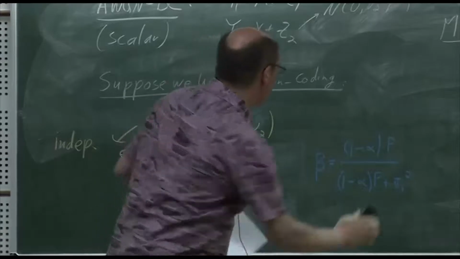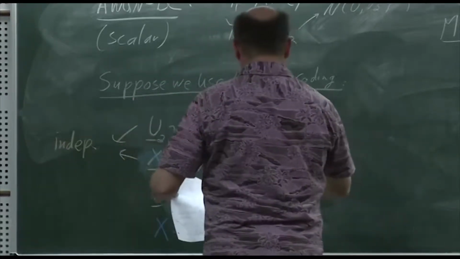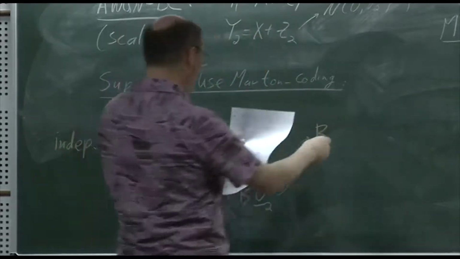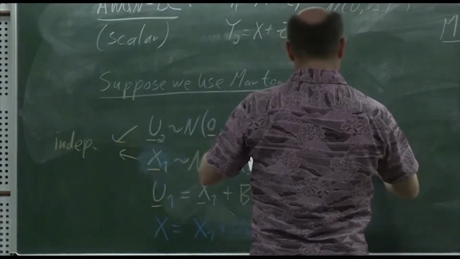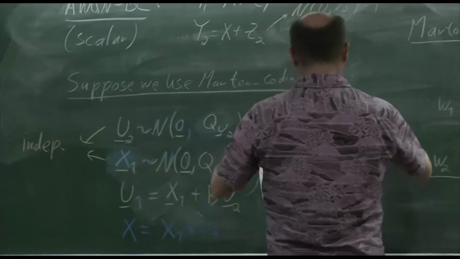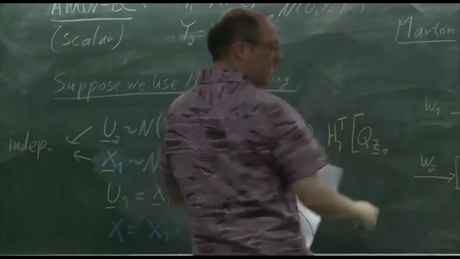And it turns out that the right choice for b is based on the MMSE decoding or the orthogonality principle. So b is an MMSE matrix. And I'll just write it all out. qx1 h1t. You'll see it has an MMSE shape. Here we have qz1, that's the covariance matrix of the noise.